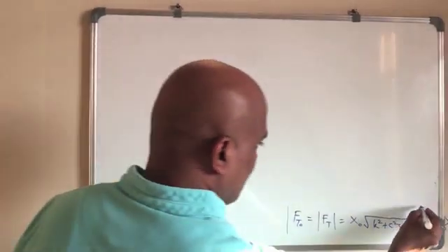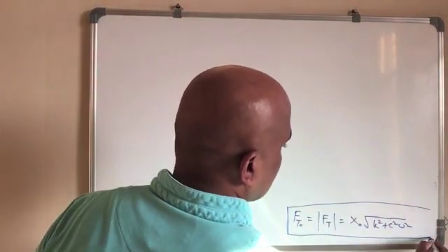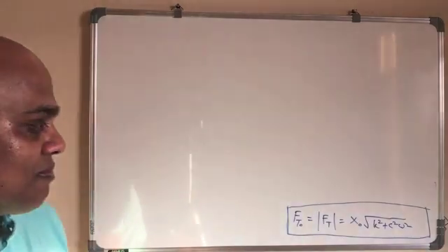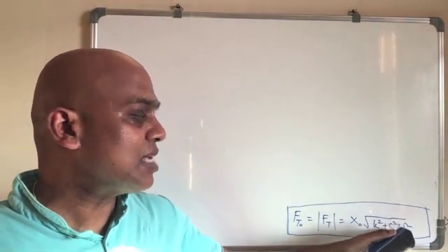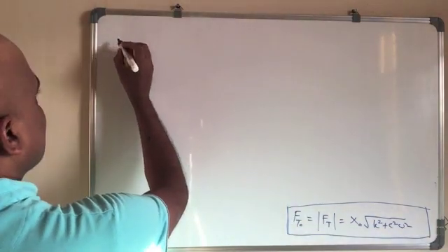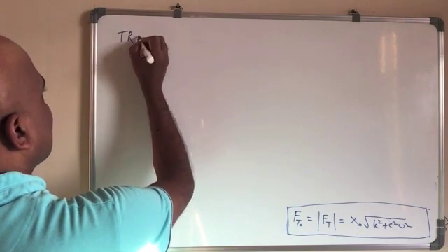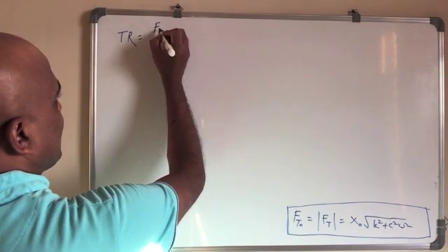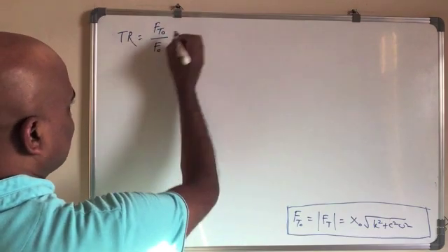So we have this Ft0, X0 times root of k squared plus c squared omega squared, and transmissibility TR we define as Ft0 over F0.